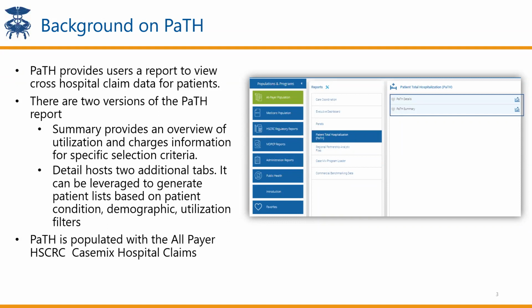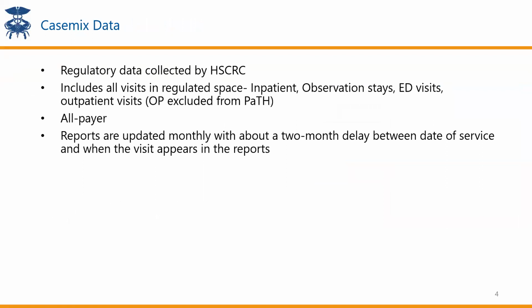The PaTH report is populated with the all-payer HSCRC case mix hospital claims. And before I jump into PaTH, I just wanted to give folks a primer on this data set. This is a regulatory data set collected by the HSCRC.